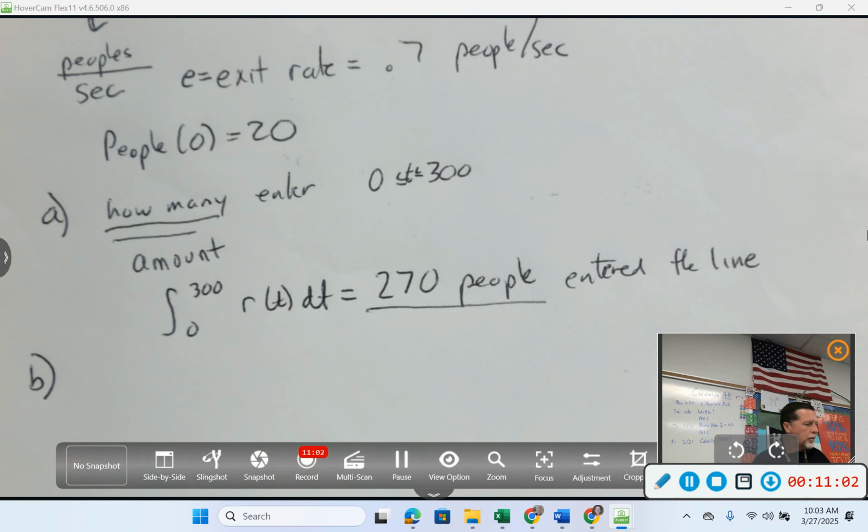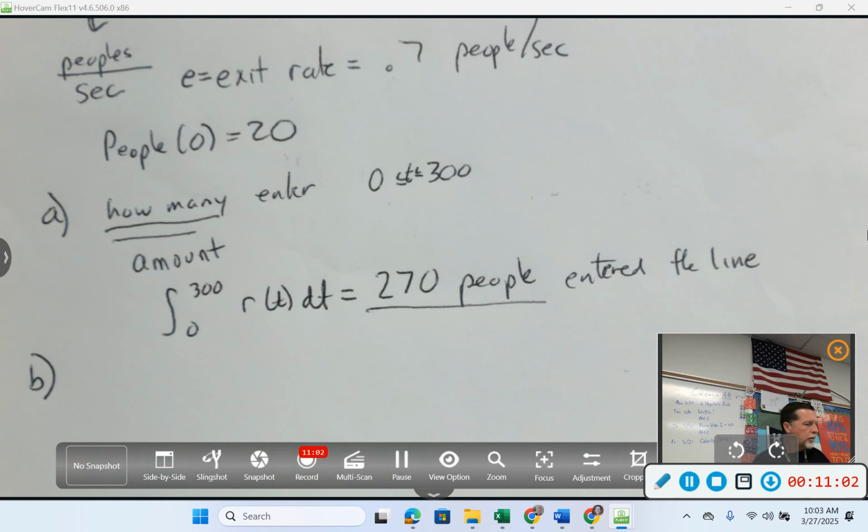Part B. During the time interval 0 to 300, there are always people in line for the escalator. How many people are in line at time 300? I like that they're kind of walking me through this problem.